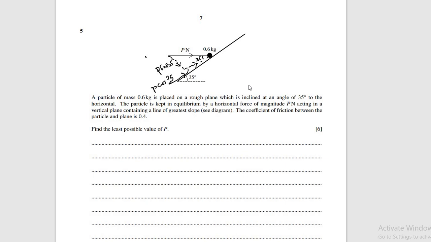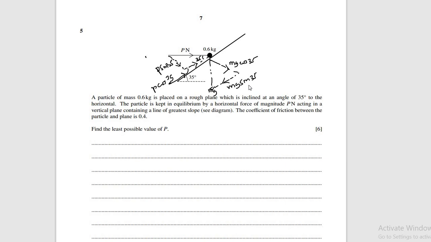When you resolve the particle normally on an inclined plane, this is the weight. The weight is mg. Resolve it perpendicular to the plane, here will be mg cos 35. Parallel to the inclined plane will be mg sine 35.